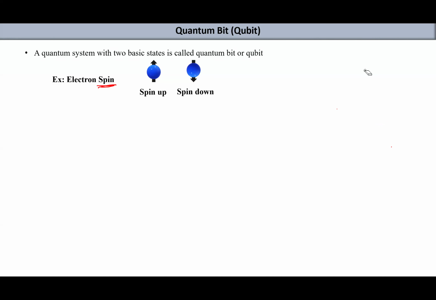Phase can be used. Current moving clockwise or anti-clockwise, this direction can be used as the qubit. And of course, quantum atomic levels definitely can be used to denote these states and define the qubits. And topological structures can be used for the qubits. But let's now hold it a little bit.